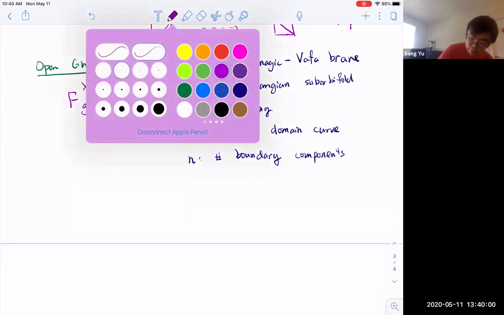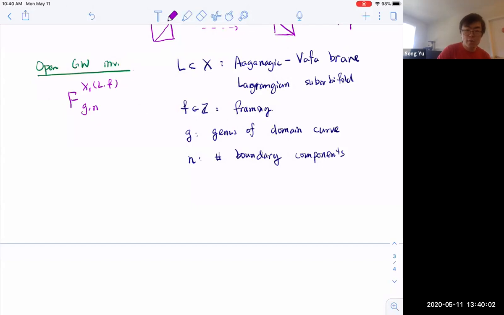Yeah, so a generic picture: these open Gromov-Witten invariants will account for stable maps from Riemann surfaces with boundaries into the pair (X, L). So a generic picture of a map will look like this.